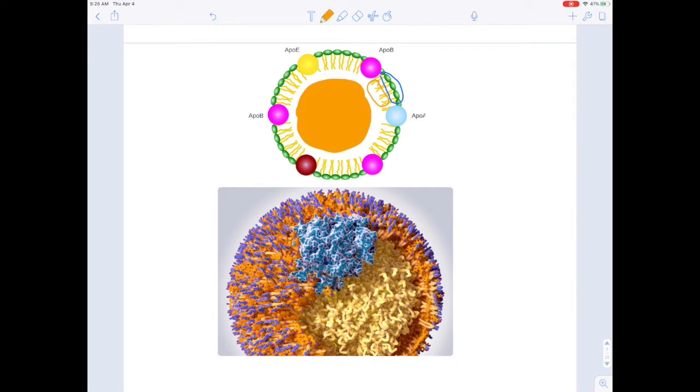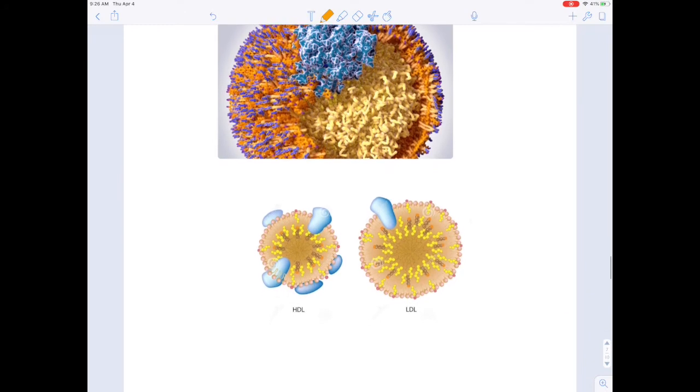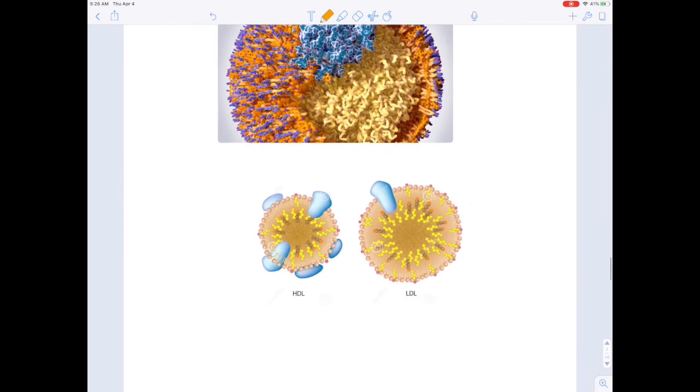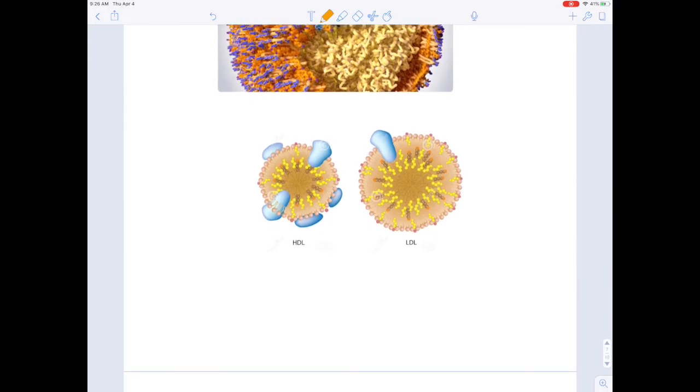Okay, all lipoproteins are not made the same. There are different types, and 2 really important types are HDL and LDL. They're important because these influence the extent of atherosclerosis that you're likely to get.